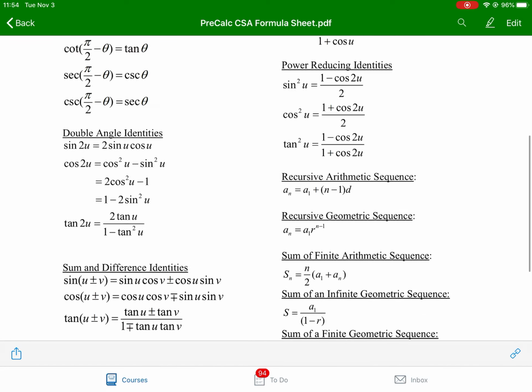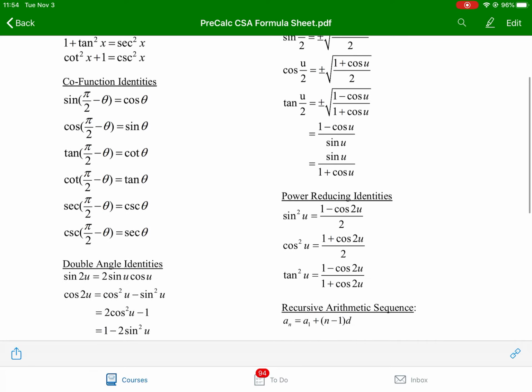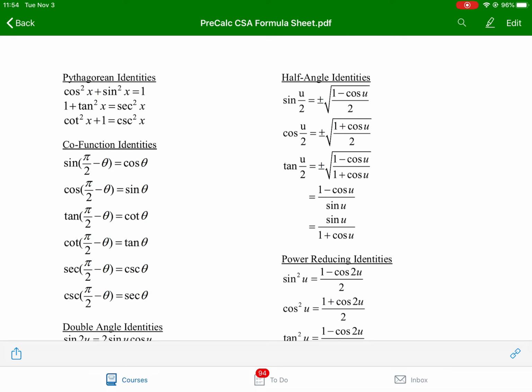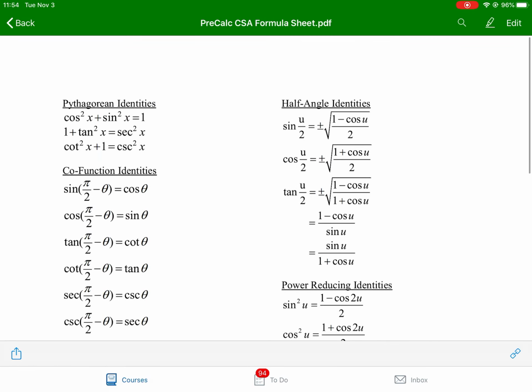These last sequence ones are not for identities. Those will come up later. But then here's some more half angle and power reducing. So this is a complete list of identities you might come across at some point. You can also just Google trig identities and you'll come up with lots of different lists. There's pictures, there's images, there's web pages, there's all sorts of stuff on this. It's a really common topic.